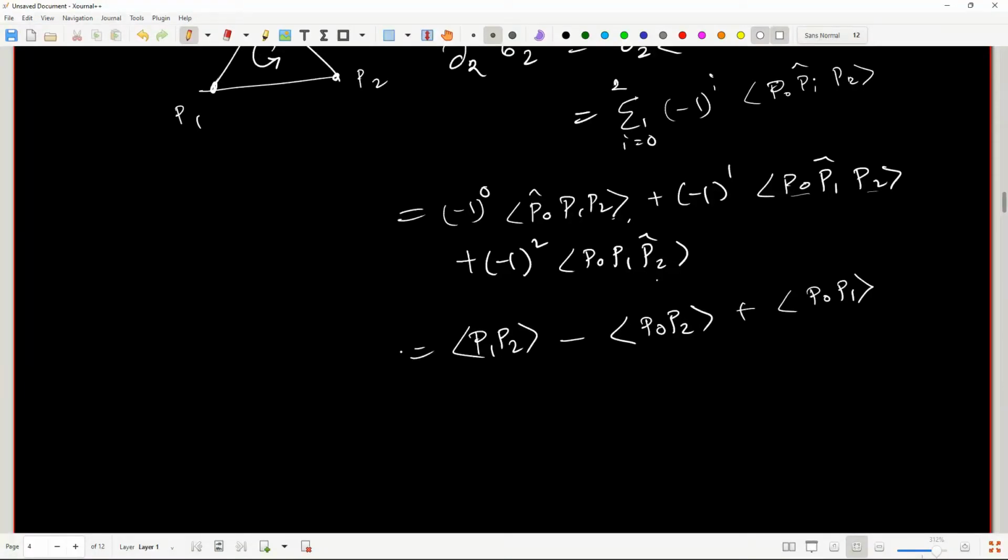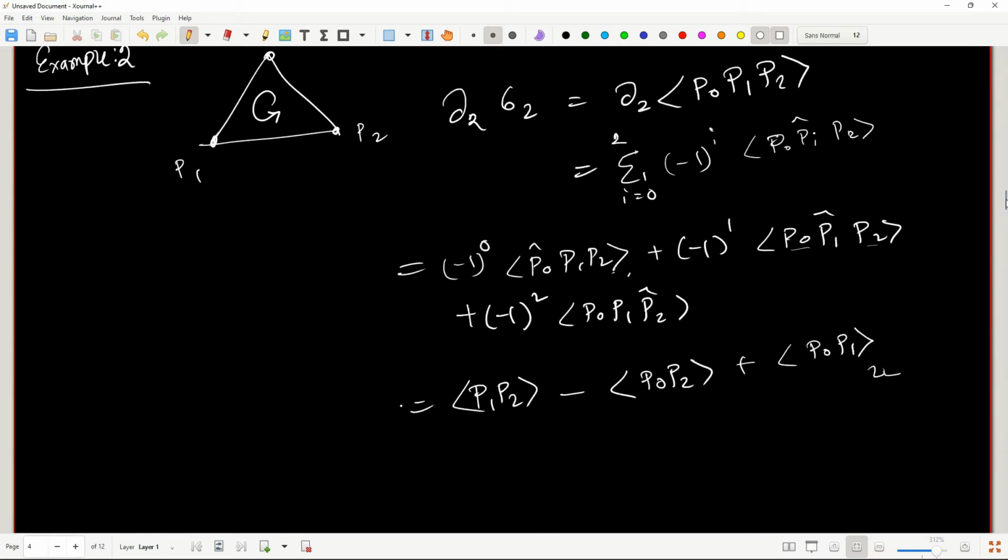Now note that we can stop at this point, or we can make things a bit simplified, because we introduced an orientation, right? So p0 is over here and p2 is over here. So p0, p2 means going in the opposite direction of the given orientation. So we can absorb that minus sign and interchange p0 and p2. So I write it as p1, p2 plus p2, p0 plus p0, p1.